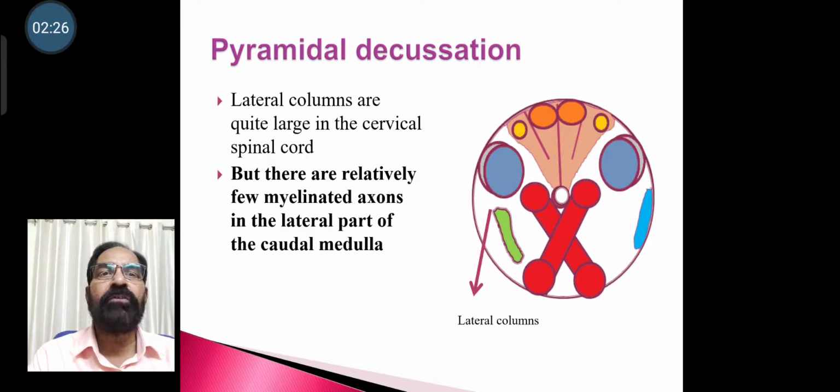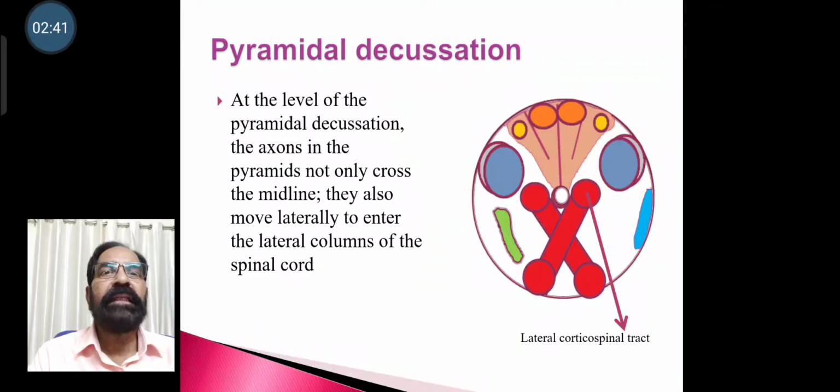Lateral columns are quite large in the cervical spinal cord, but as you can see, there are relatively few myelinated axons in the lateral part of medulla. At the level of pyramidal decussation, the axons in the pyramids not only cross the midline but also move laterally to enter the lateral columns of spinal cord, as you can see in the picture.